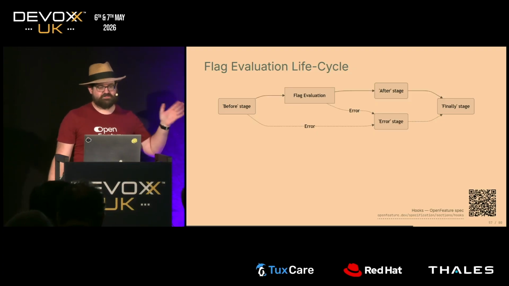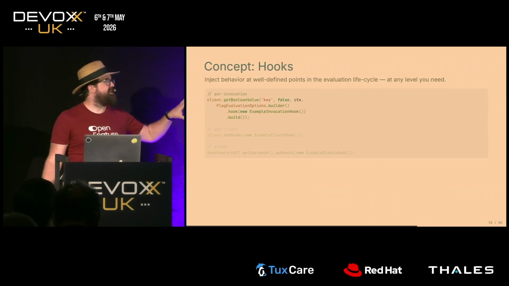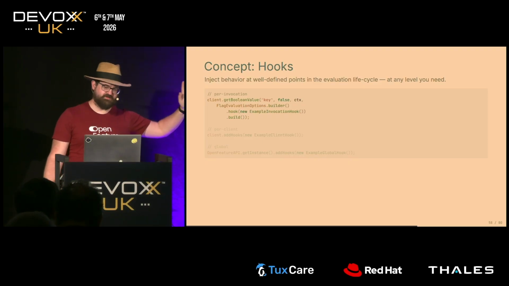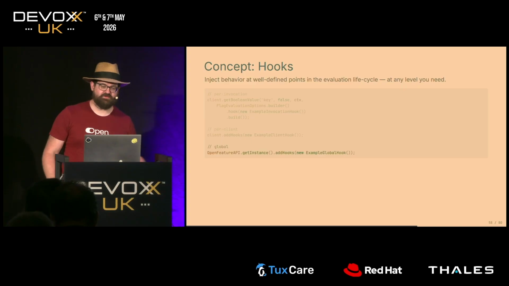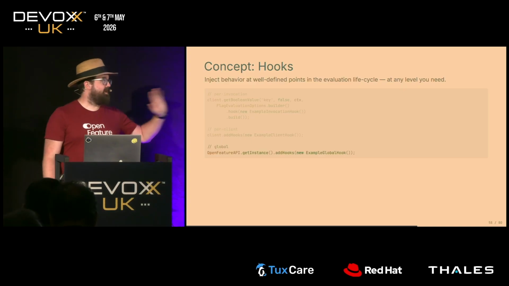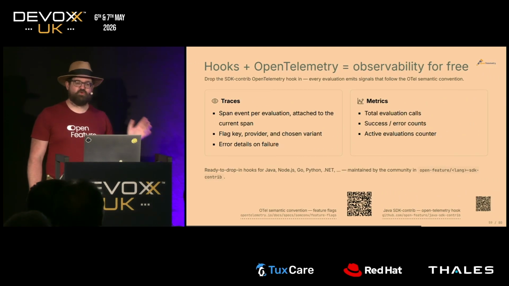And the cool part about the stages and the hooks is that you can hook into that at multiple levels. So you can do this during an invocation, which is really not the nicest way or a little bit tedious. You can do it per client, or you can even do it on the whole OpenFeature instance. Why I'm showing you this is we are also providing you an OpenTelemetry hook out of the box.